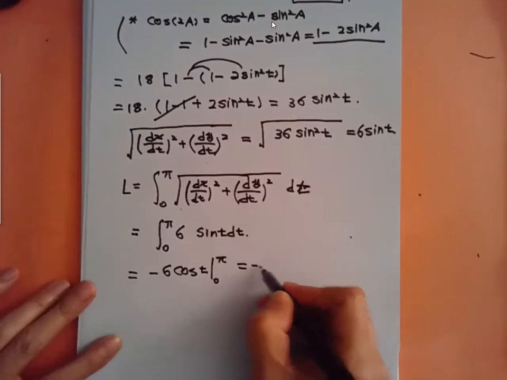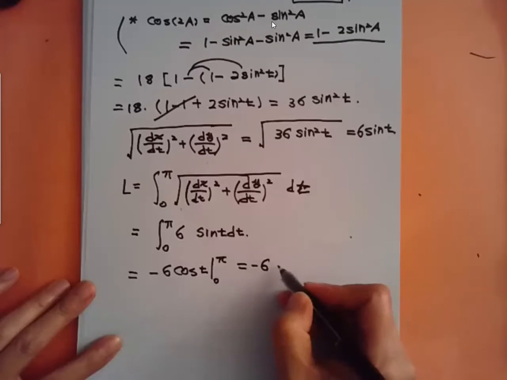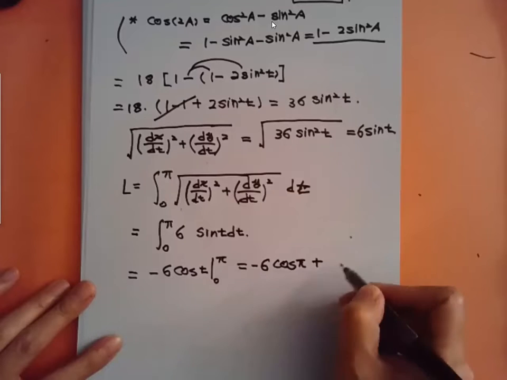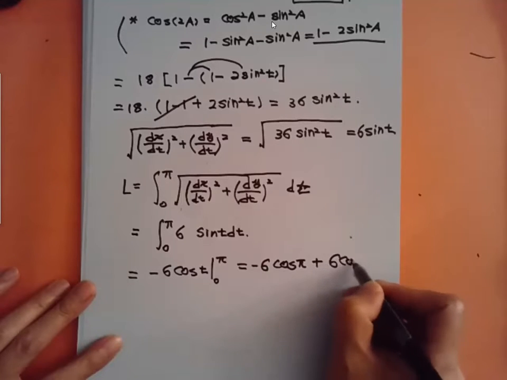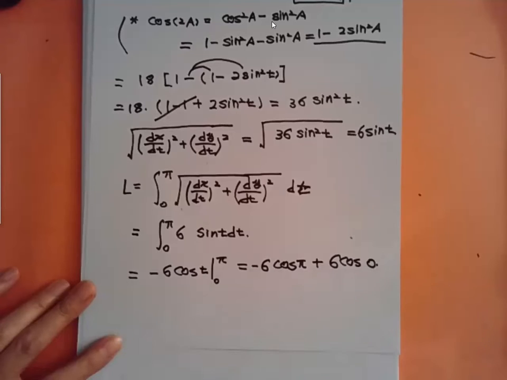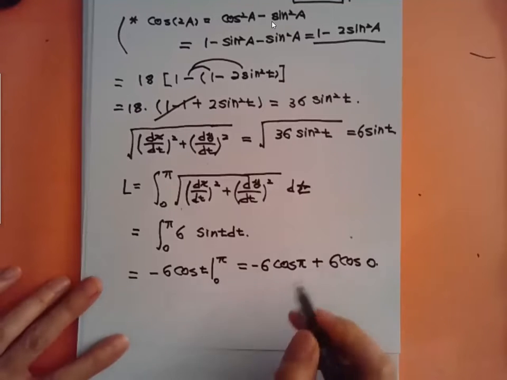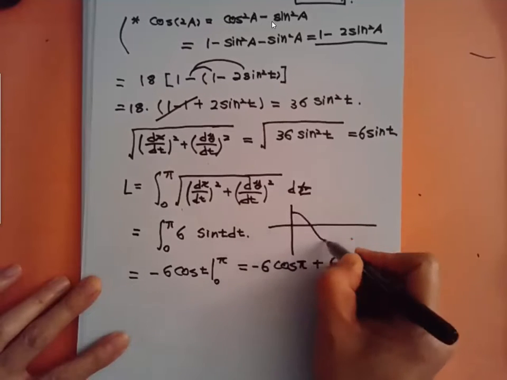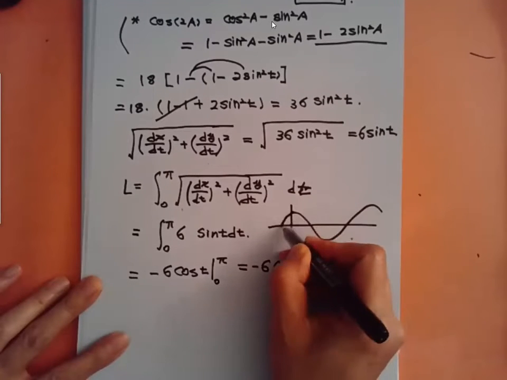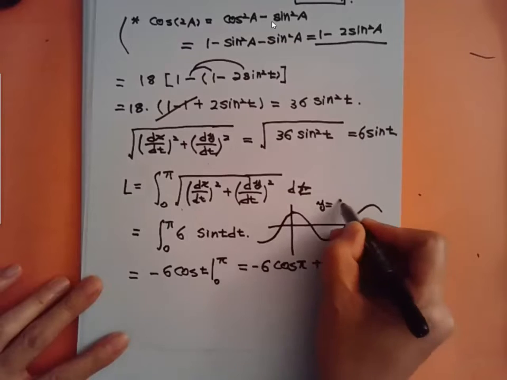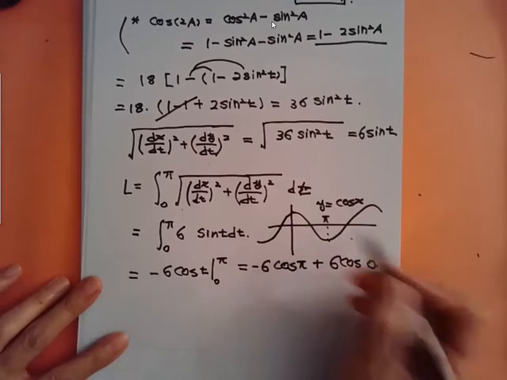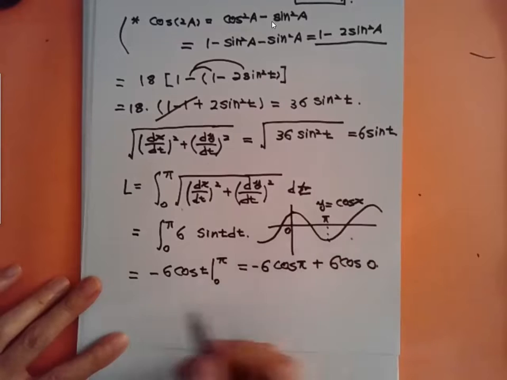So we plug in pi to the expression, then we get minus 6 cosine of pi plus 6 cosine of 0. And then we have to know what the cosine graph looks like. Cosine starts at the maximum point, and this is pi, and this is 0.